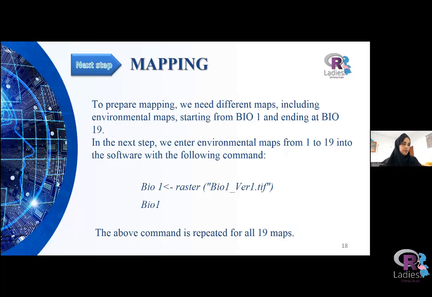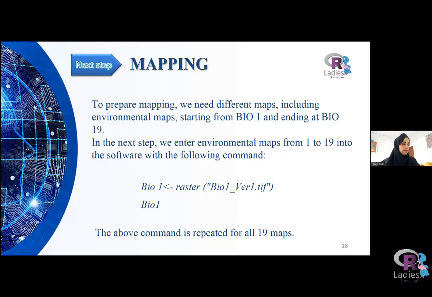The next step is mapping. To prepare for mapping, we need different maps, including environmental maps starting from bio 1 and ending at bio 19. In the next step, we enter environmental maps 1 to 19 into the software with the following commands.